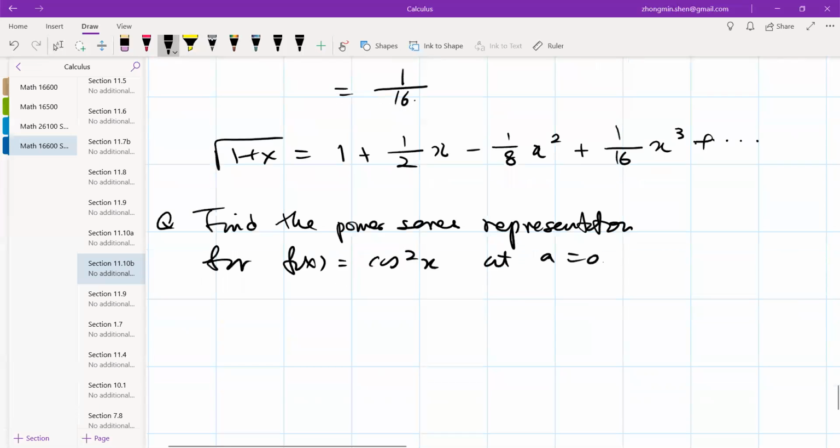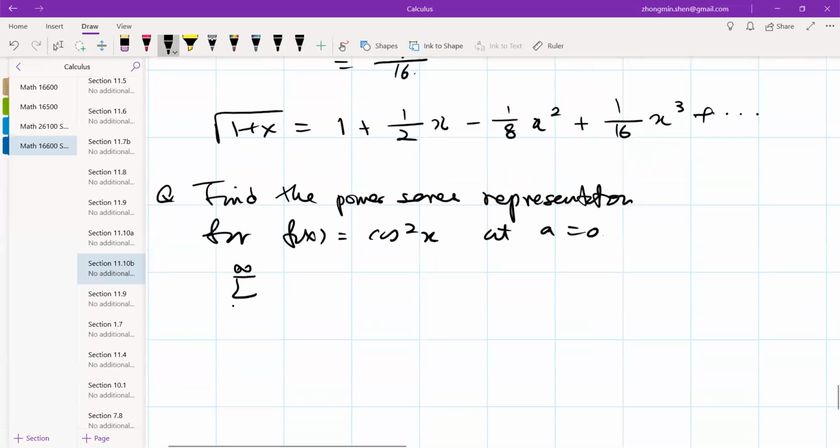Right, I only know the power series representation for cosine x. Let me write this down. Can I use that or not? This holds for all x, but there's x squared there.